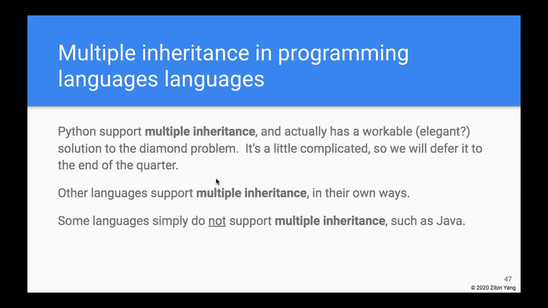One such language is Java. So then you would ask, until we understand how Python really deals with the diamond problem, are we giving up entirely on multiple inheritance? Well, the answer is not quite. We can still utilize multiple inheritance and avoid the diamond problem. And I'll show you one way to do that in the next video.